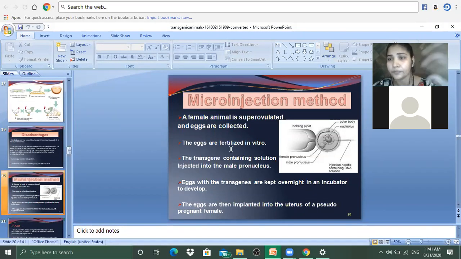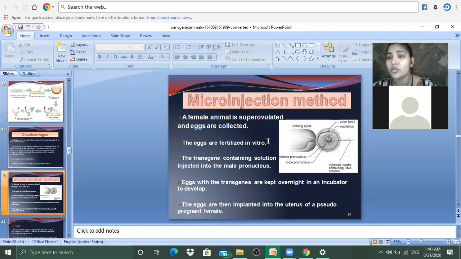All the hormones are secreted, and as soon as you put in the fertilized egg, the body is ready to accept it and implant it into the uterus so the baby can grow there. That is what pseudo pregnancy is.